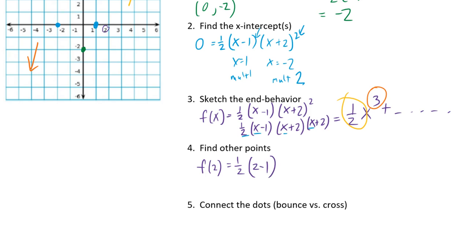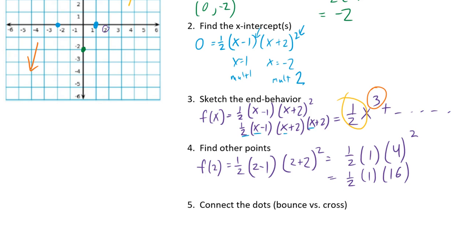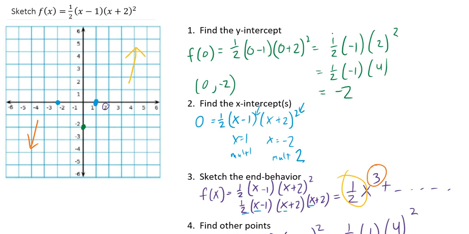I'm just replacing the x with the 2. That makes 1/2 times 1 times 4 squared. So it's like 1/2 times 1 times 16. That makes 8. So I know I have the point 2, 8. Knowing that might help me graph it a little bit better.